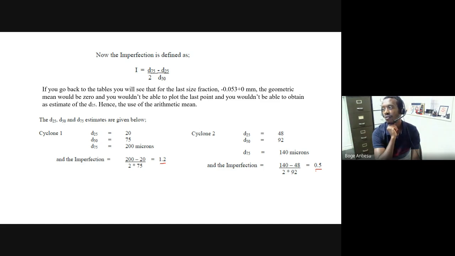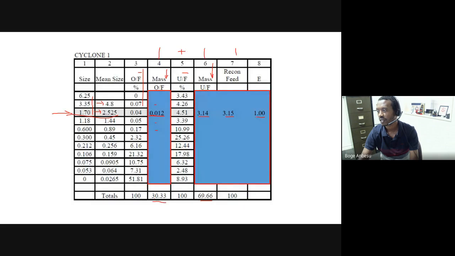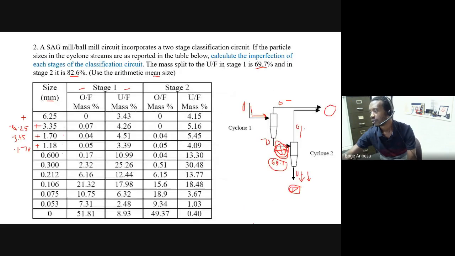And you can think of why that might be the case. It is because the feed to the second cyclone is already classified. Whatever flows to the second cyclone, the underflow here, is actually a lot more controlled in size, because the overflow has taken some of the fines in it.